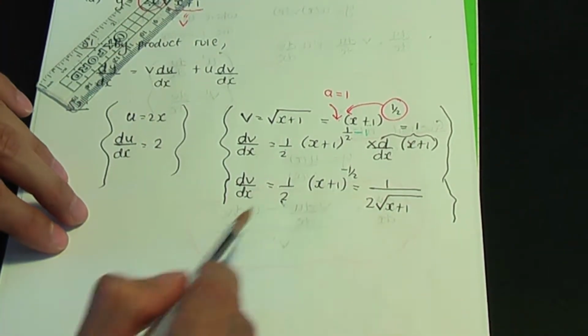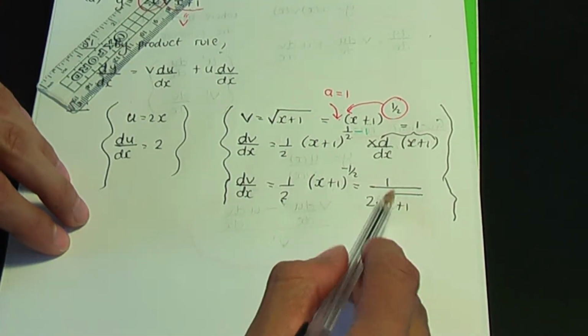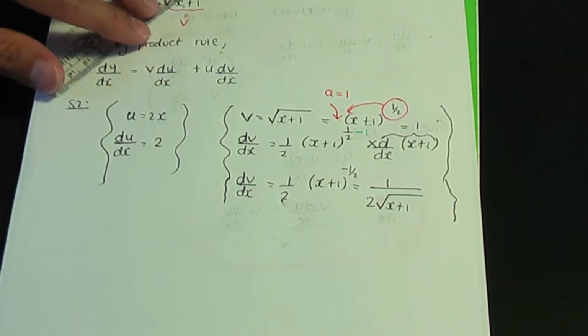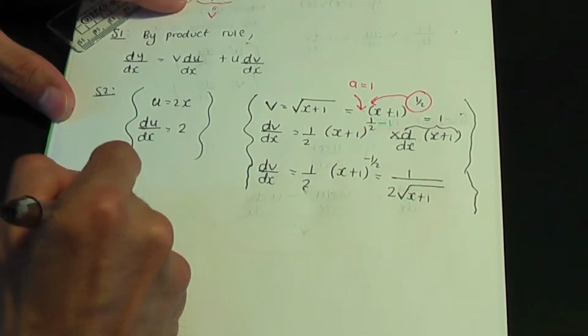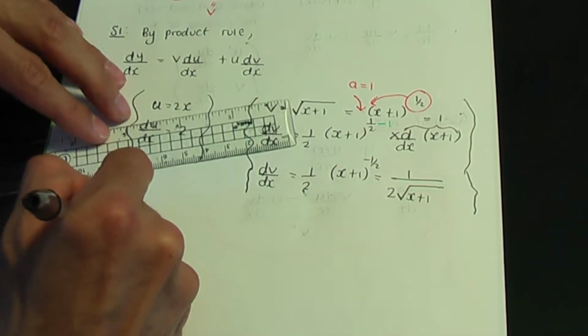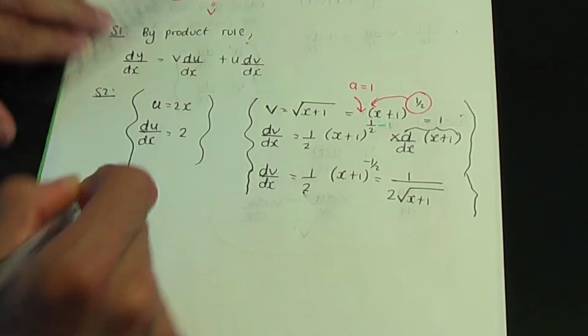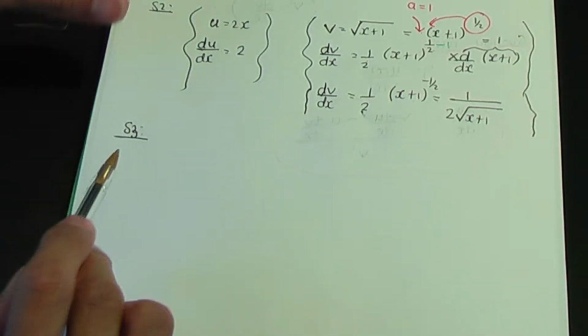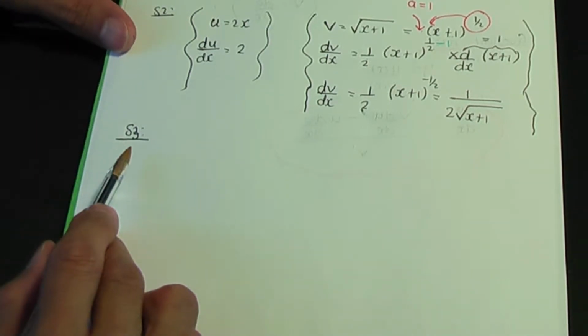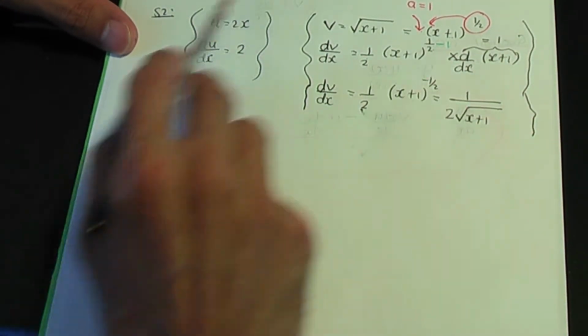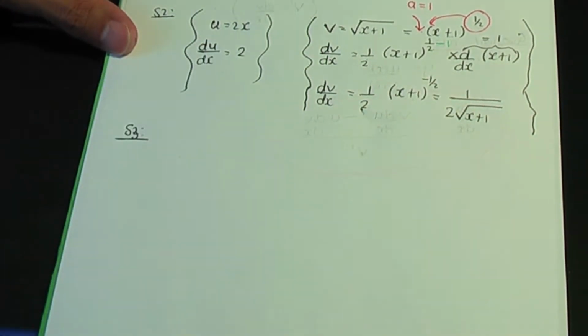So x plus 1 to the minus half is the same as 1 over root of x plus 1. That is step number 2, our side calculations, and here is step number 3, the final step. Let me replace this data in our product rule.